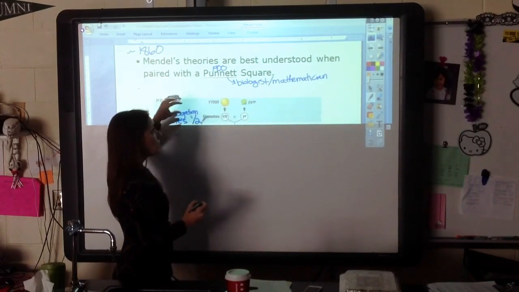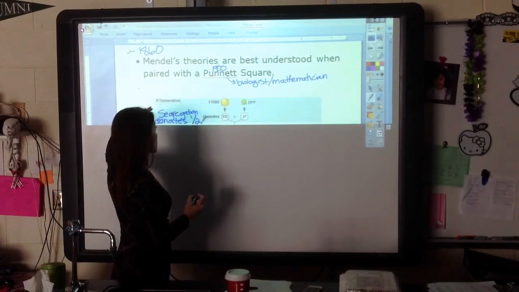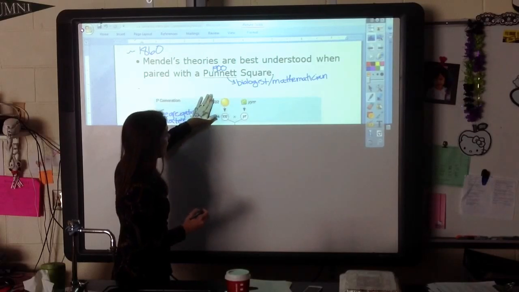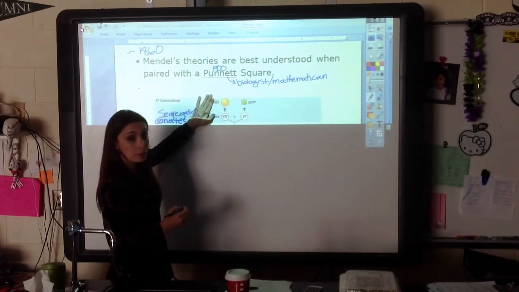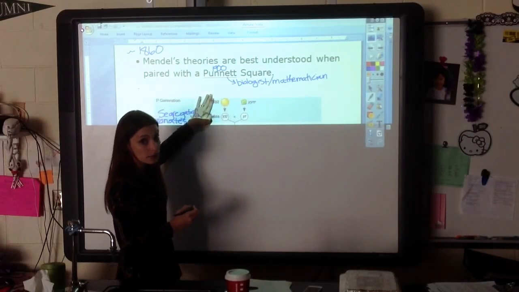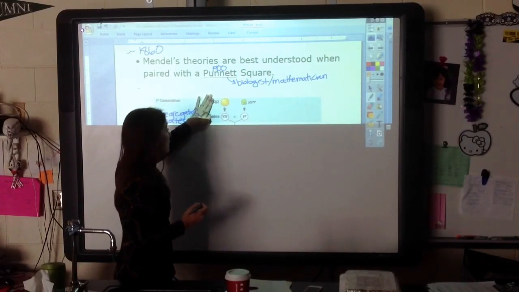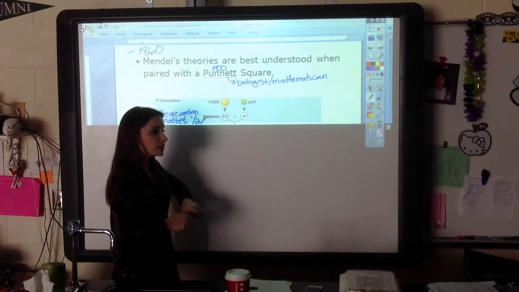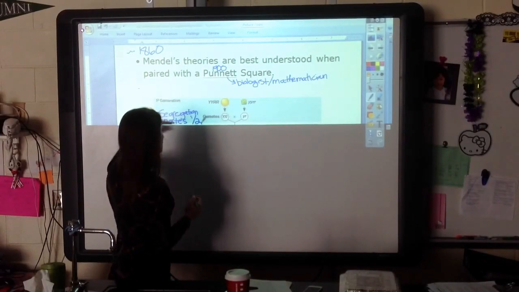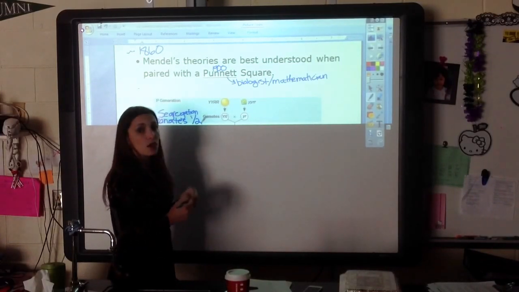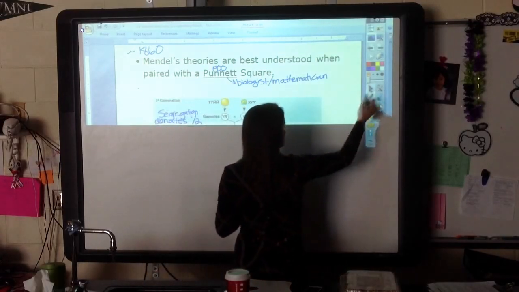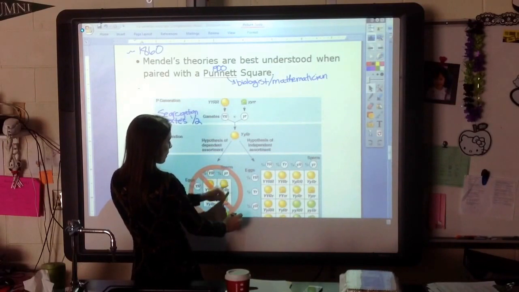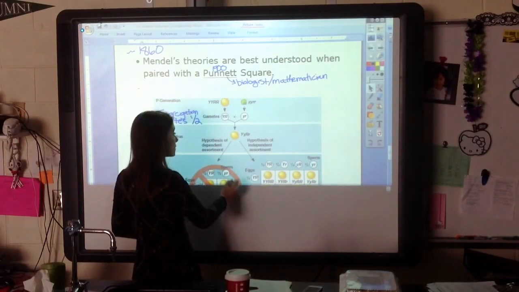And so what Mendel's principle of segregation explains is that even though a parent has a genotype like big R, or homozygous dominant, the gamete will only have one of those. When we look at this principle of segregation, the Punnett square is going to help us remember how each parent only gives half.